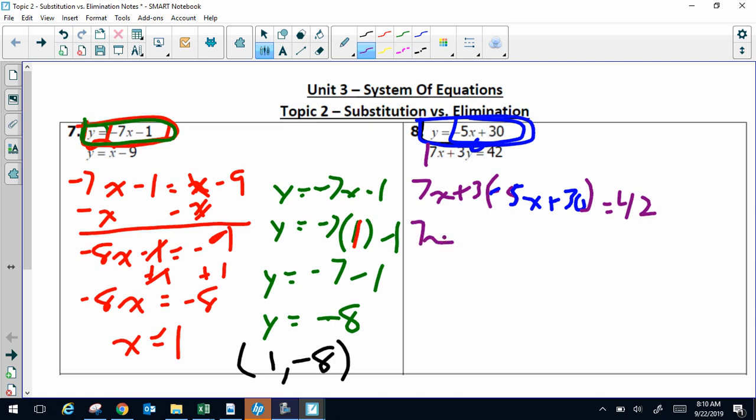And so 3x plus distribute gives me negative 15x plus 90.